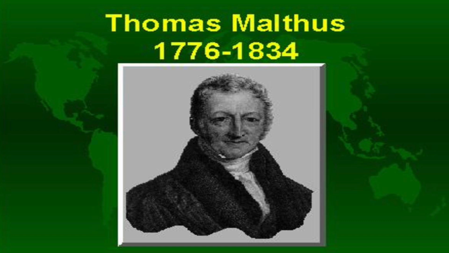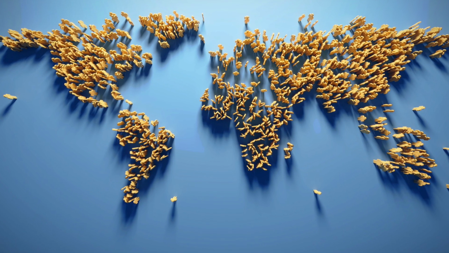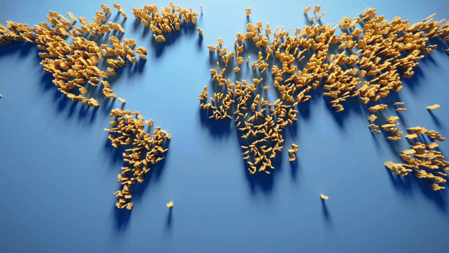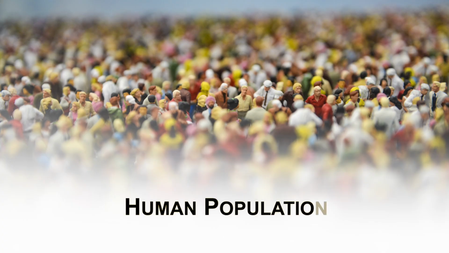He raised a question about the human population and its dangerous rate of growth. There is the disaster we are observing. Why does this disaster exist? Definitely, the uncertain or exponential growth of the human population is responsible.